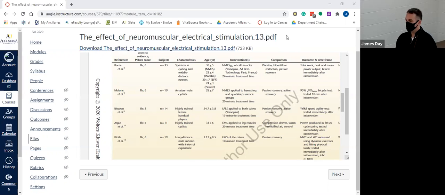So the first step is this results table. It's basically a table format of an annotated bibliography. The results table is not necessarily about your research question, but about their research question, with one large exception.